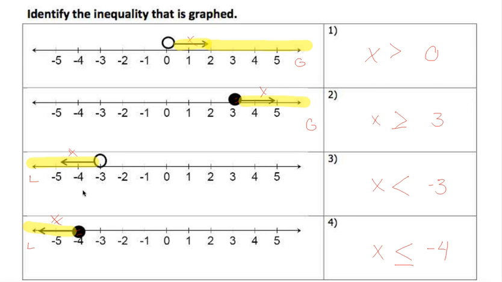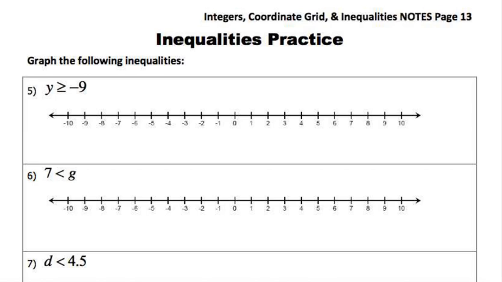All right, so let's do some practice on the next page. It says graph the following inequalities. So we're going to graph these this time. What we're going to do is start with the number first. We're going to go to -9. Now let's look at our sign. And actually, let's write this out in words before we do any graphing. Let's read this.